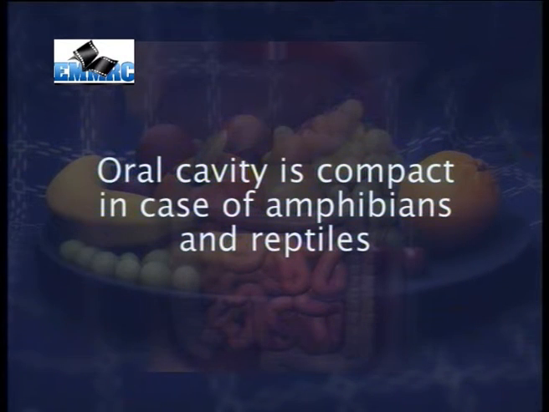The oral cavity is compact and has a muscular floor, which is the pharynx, and is the organ for swallowing as well as breathing, because in these organisms the diaphragm is absent and they show positive air pressure.